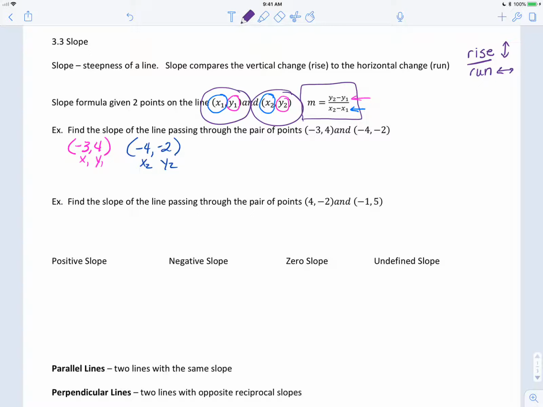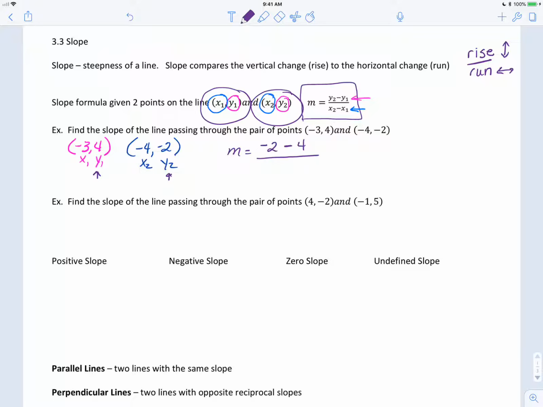So now we're just going to fill out our formula. We're going to say m is equal to y2. Well, y2 is this -2. And our formula is minus, so make sure you put that minus in there and make sure we never drop a minus sign. So y1, 4. And then we're going to start on the bottom.